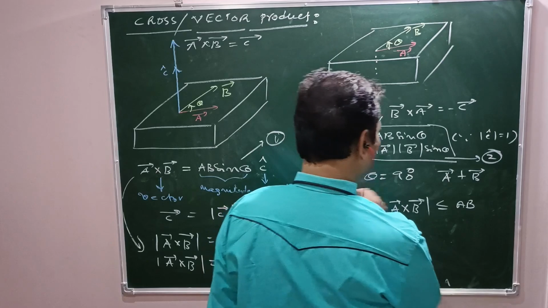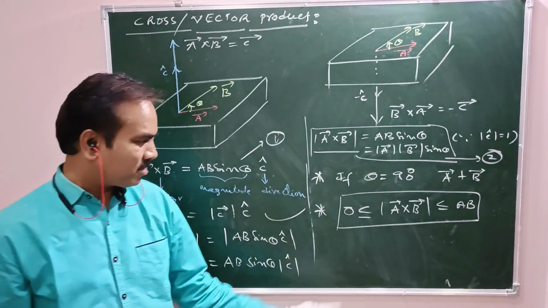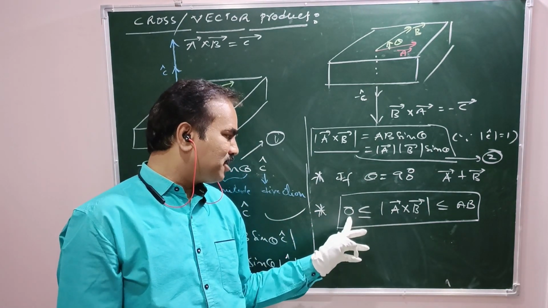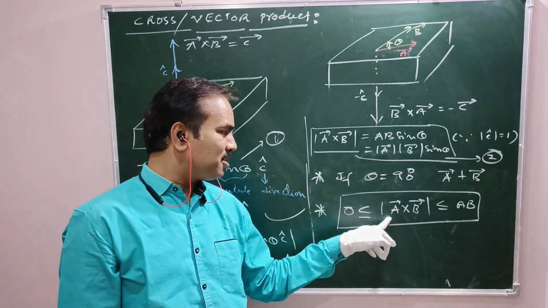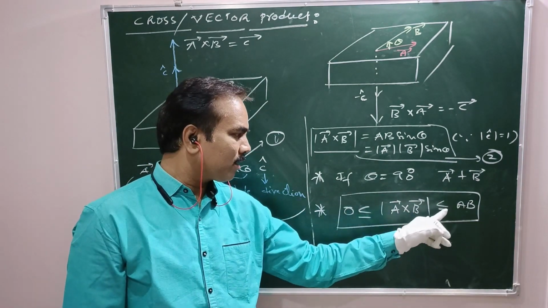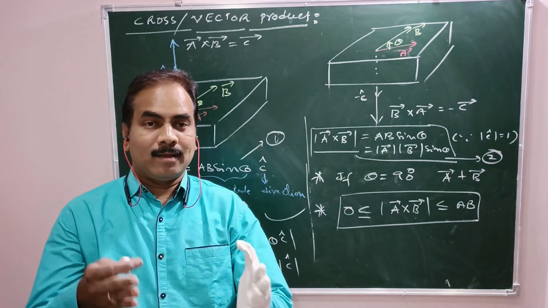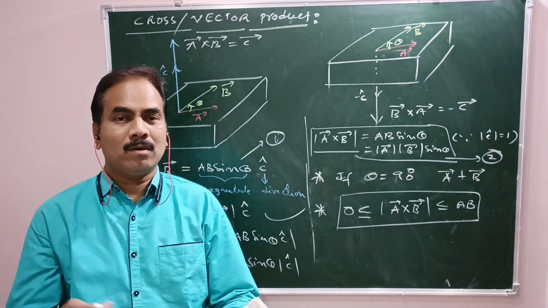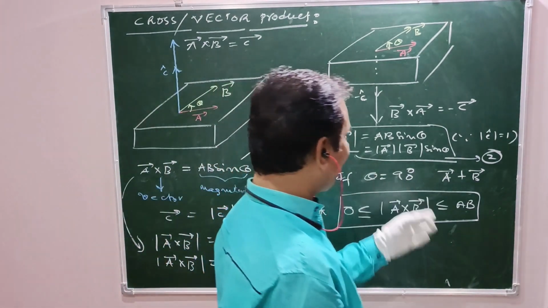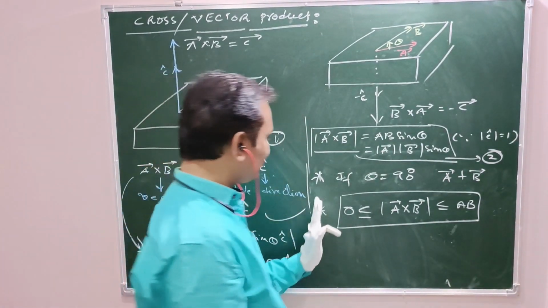This is the range of the magnitude of the cross product of two non-zero vectors. Mod A bar cross B bar can be 0, greater than 0, equal to AB, or less than AB.